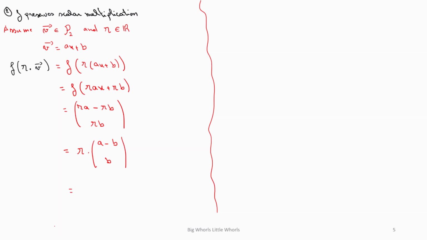So this is r times f of v. So f of r times v equals r times f of v. So yes, this means f preserves scalar multiplication.